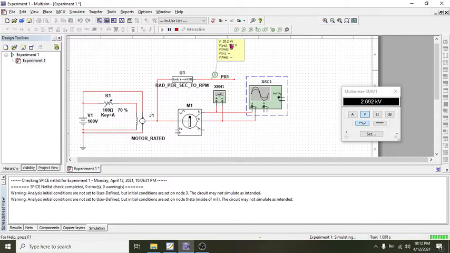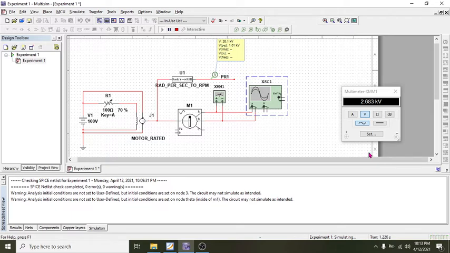For the speed, it stabilized at 26.2 kilovolts. Again, you just need to change the unit into RPM. For the terminal voltage, we'll wait until the value is stable.